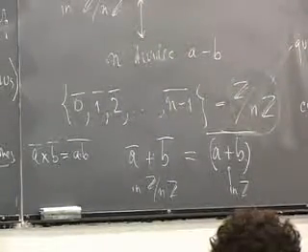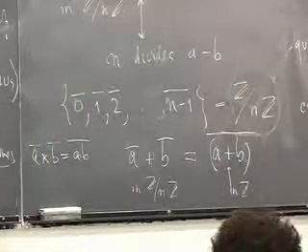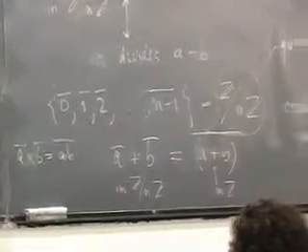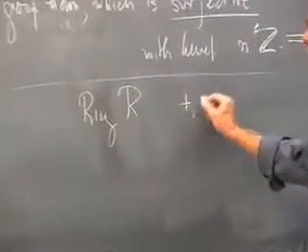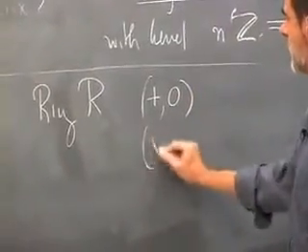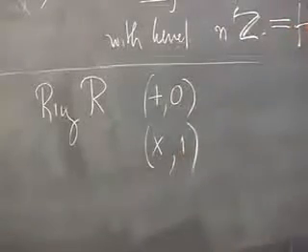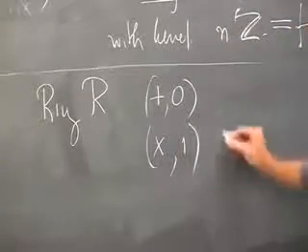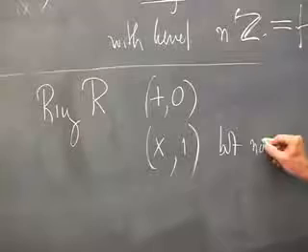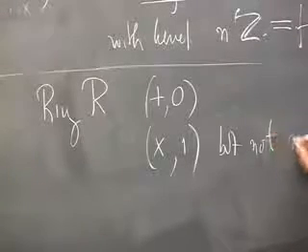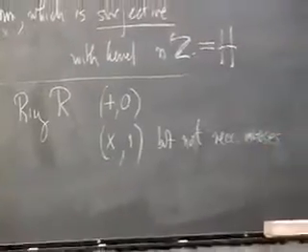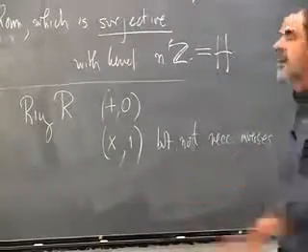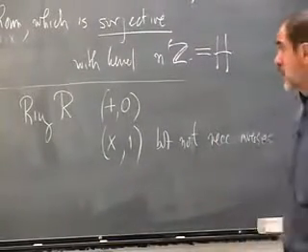You see, if you have a ring, and I'm just going to say this very briefly, it's not necessary right now. So it's a group under plus with an origin, and then there's a times operation with an identity element 1, but not necessarily inverses. For example, 0 has no inverse. You can't multiply anything by 0 and get to 1.